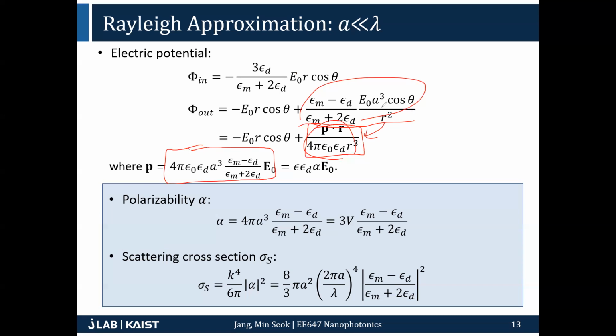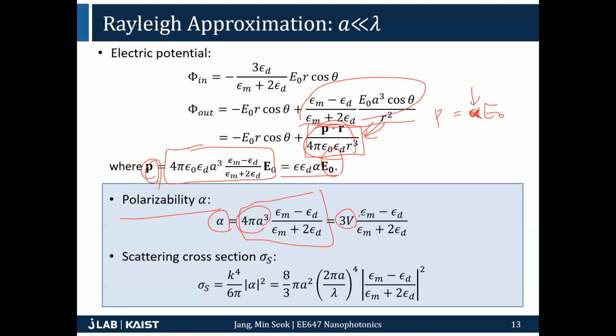Okay, so we basically equate this term to determine the dipole moment, and then we know that the dipole moment and the applied electric field have this relation. So basically the electric field multiplied by the polarizability is the dipole moment. From that you can obtain the polarizability, which looks like this. So now if you look at the polarizability, we have 4 pi a squared.